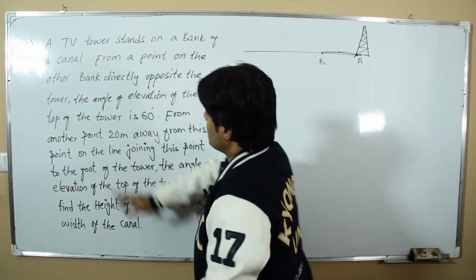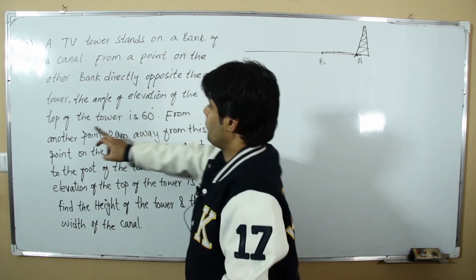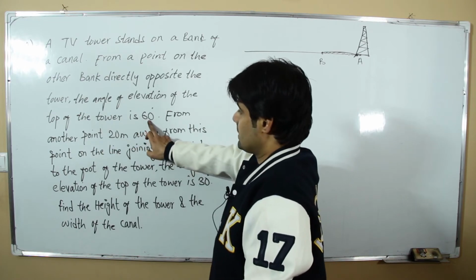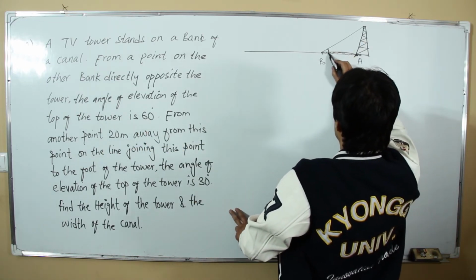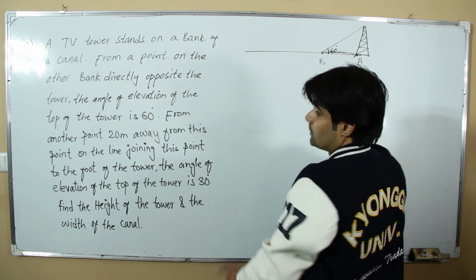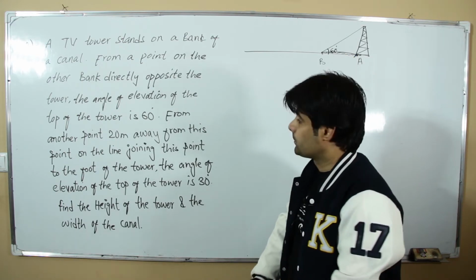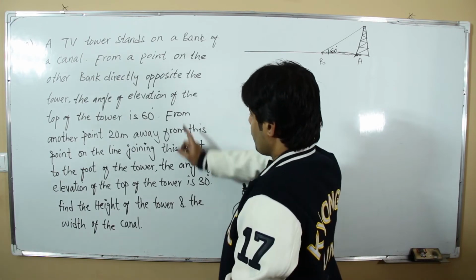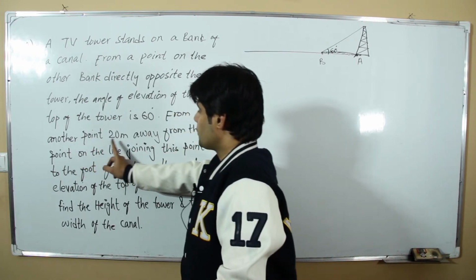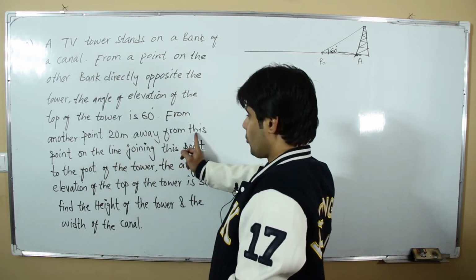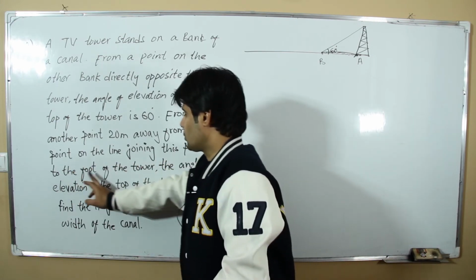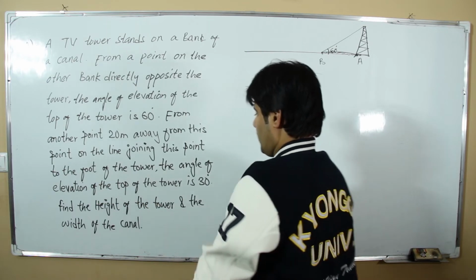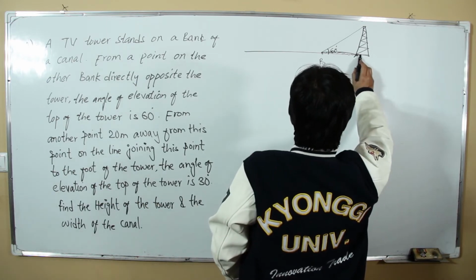From here, the angle of elevation of the top of the tower is 60 degrees. This is our angle of elevation. It is 60 degrees. Am I right? Yes. Now, from another point 20 meters away from this point on the line joining this point to the foot of the tower. This is the foot of the tower.